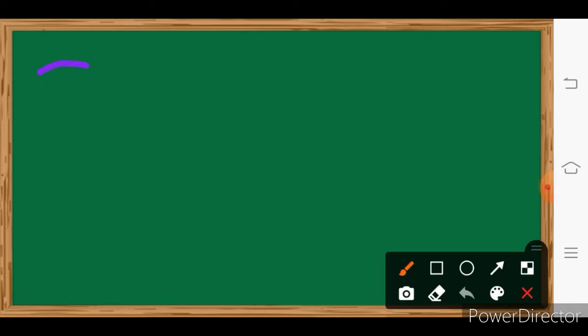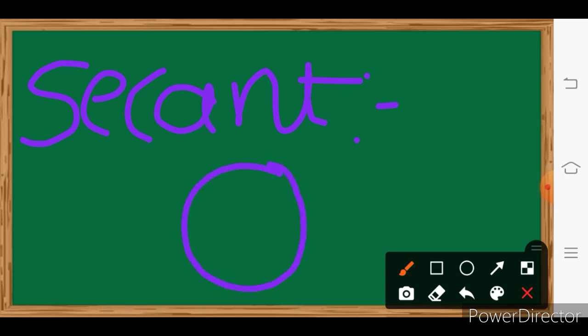Next one is secant. A secant is a line which intersects a circle at two distinct points.